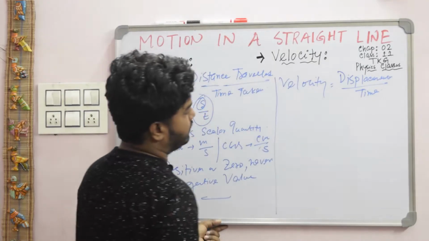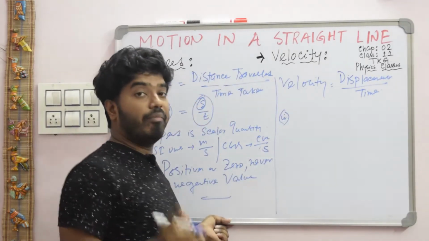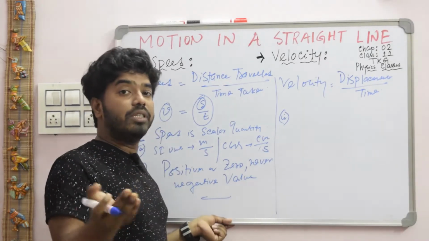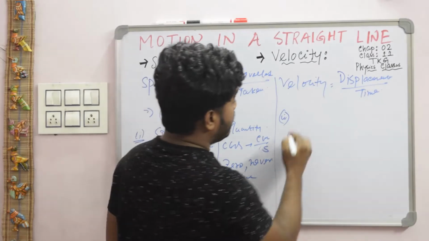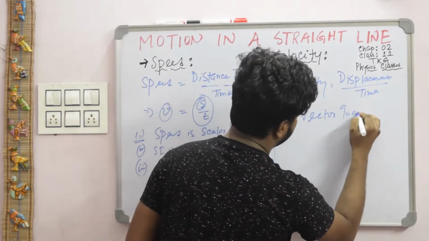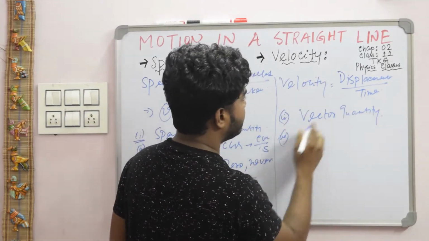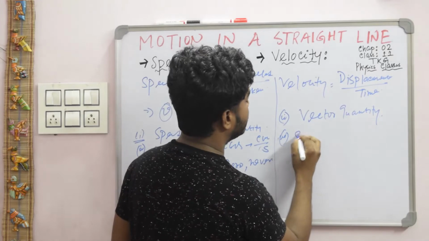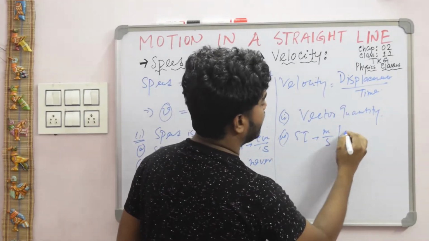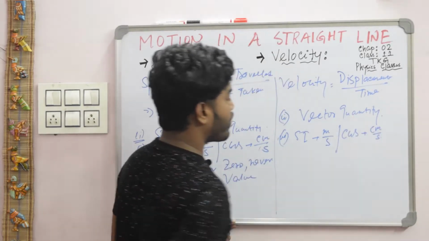Velocity has magnitude as well as direction. A physical quantity which has magnitude as well as direction is a vector quantity, as velocity has a particular direction. The SI unit is meter per second, and the CGS unit is centimeter per second.